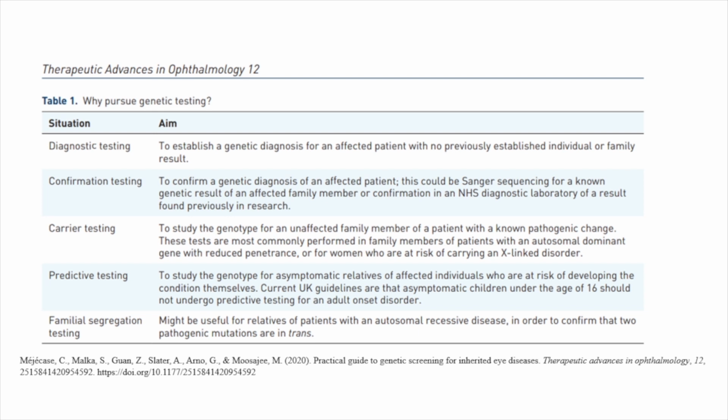So with this information, we can further proceed with either diagnostic testing, or in the other family members, carrier testing or predictive testing in the next generation, if we narrow down the genetic diagnosis here. So both the clinical correlation and screening of the other family members is also important here.